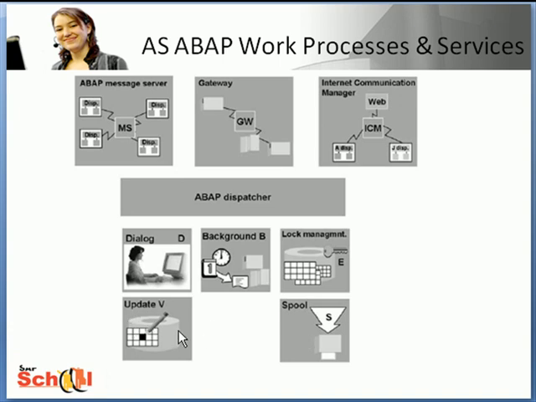Then you have the update processes. They execute the update requests. You need at least one update work process per SAP system, but more than one can be configured. Background processes are typically used for running batch jobs and reports that consume a lot of resources.